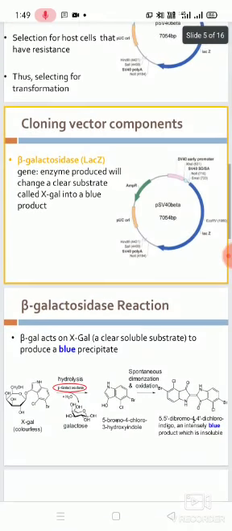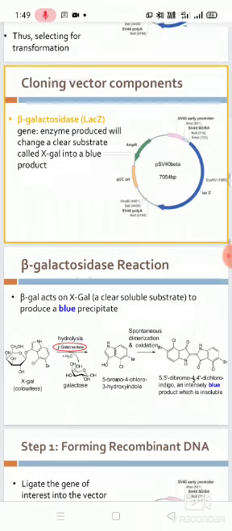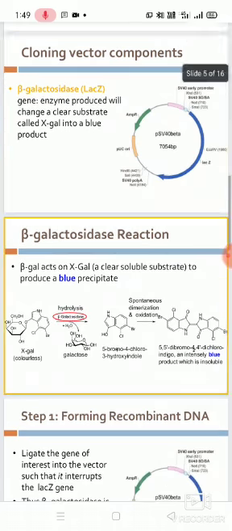Then the third component, the beta galactosidase enzyme, which is encoded by the lacZ gene, converts a clear substrate, X-gal, into a blue product. As I already told you, ampicillin works for selection; in the same way, beta galactosidase is also helpful in the selection process.